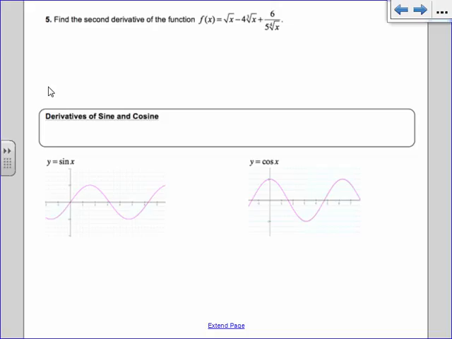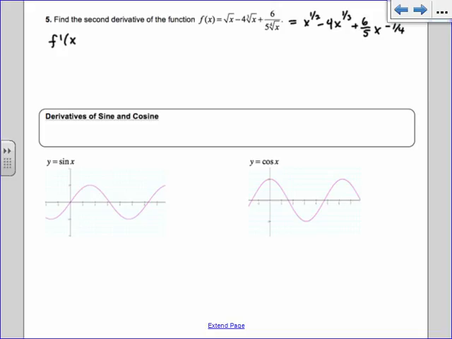All right, so here we go. It says find the second derivative of the function. Again, this is like the power rule that we did 2 days ago. So I'm going to rewrite it as x to the 1/2 minus 4x to the 1/3 plus 6/5 x to the negative 1/4.